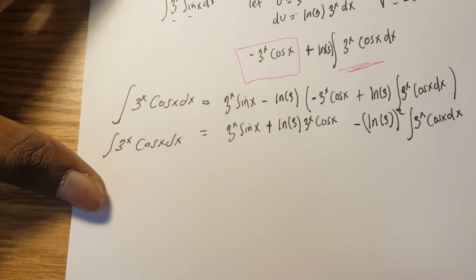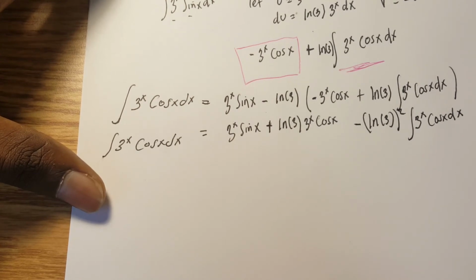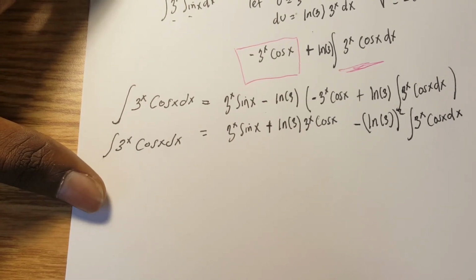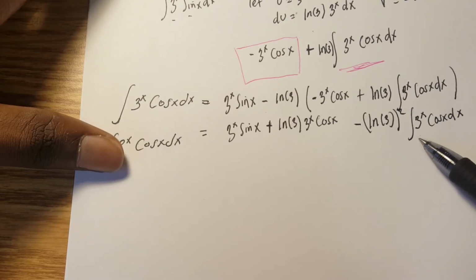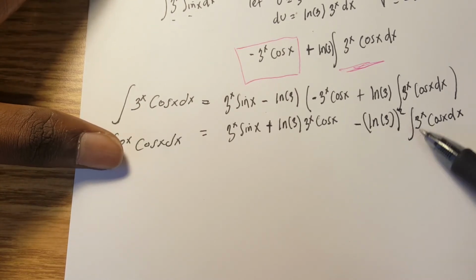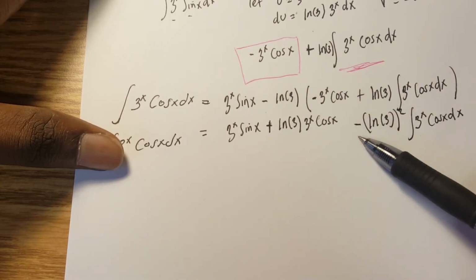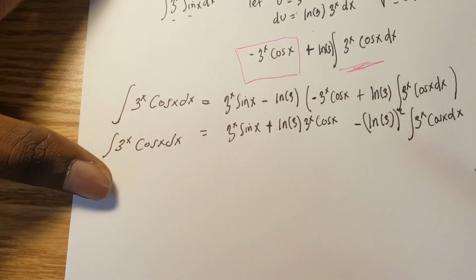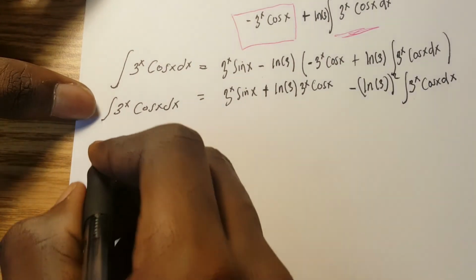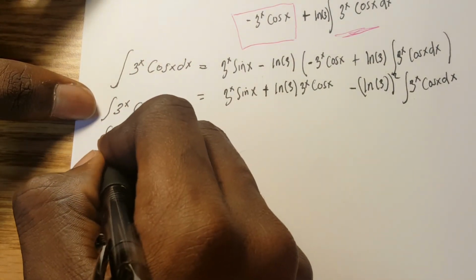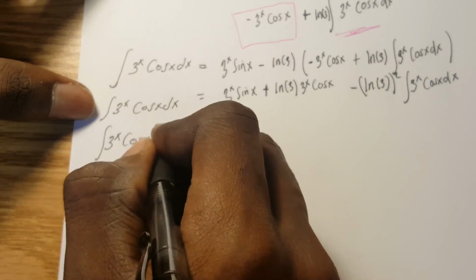Then what we're gonna do next is group like terms. We can see that we have this guy here and the same guy there. So we're gonna take this guy to this side, and this is minus. When it goes here, it will become positive. So we will have cosine of x dx.